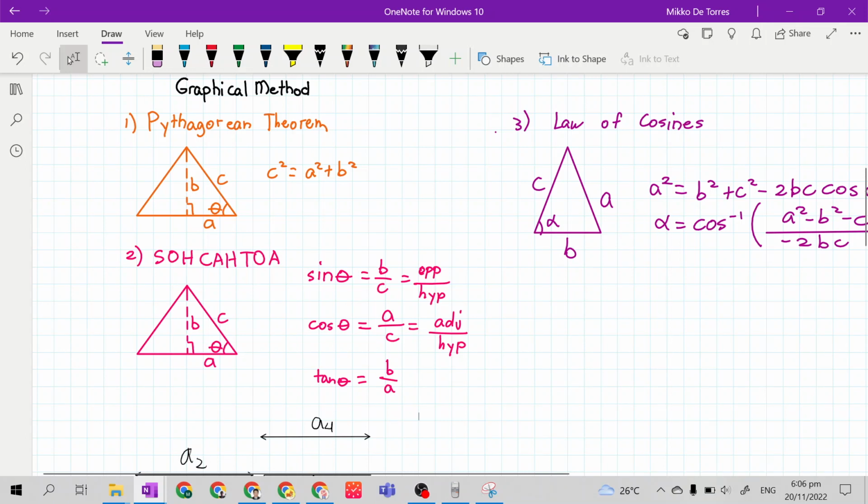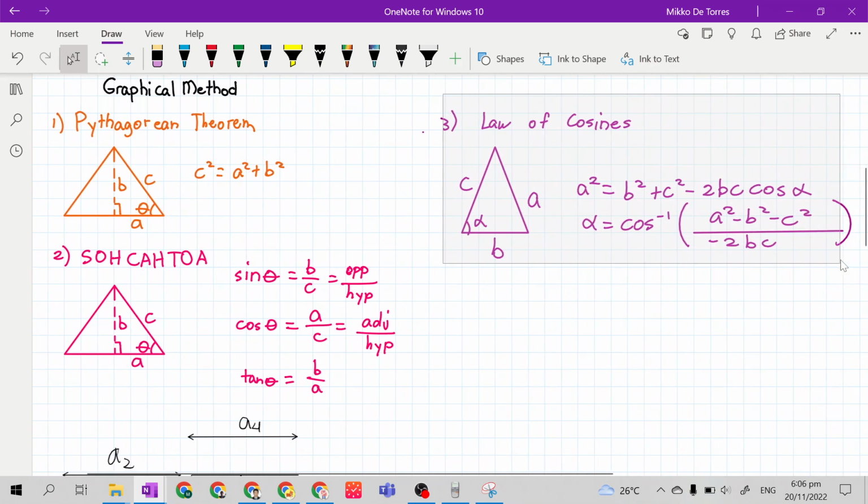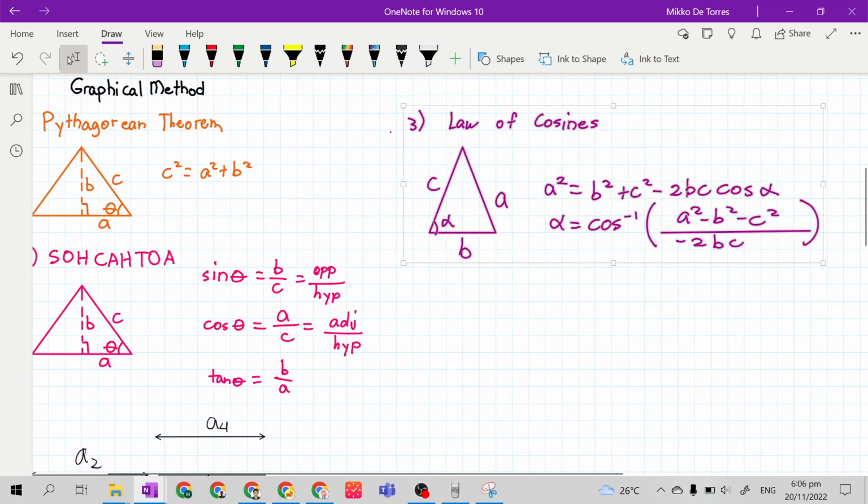You only use the Pythagorean theorem and SOHCAHTOA if you have a right triangle. Use the law of cosines if the sides of your triangle are not equal but there is a given angle opposite to a given side.